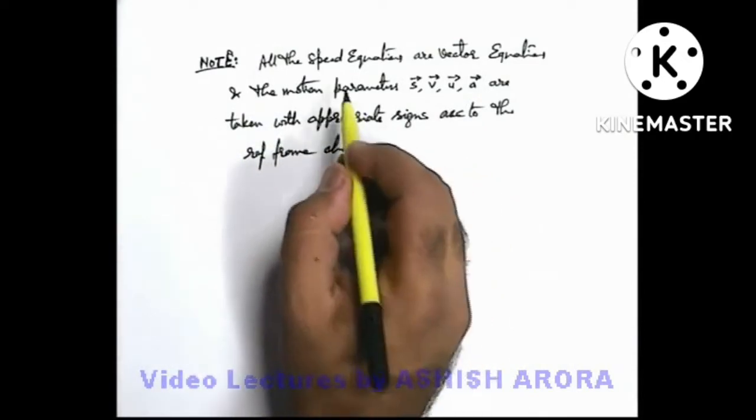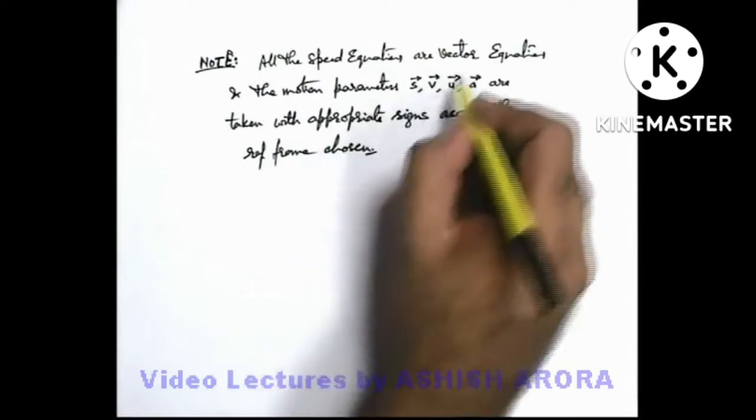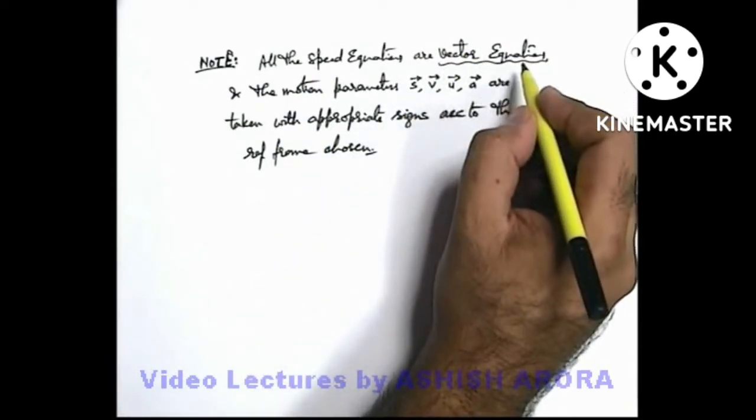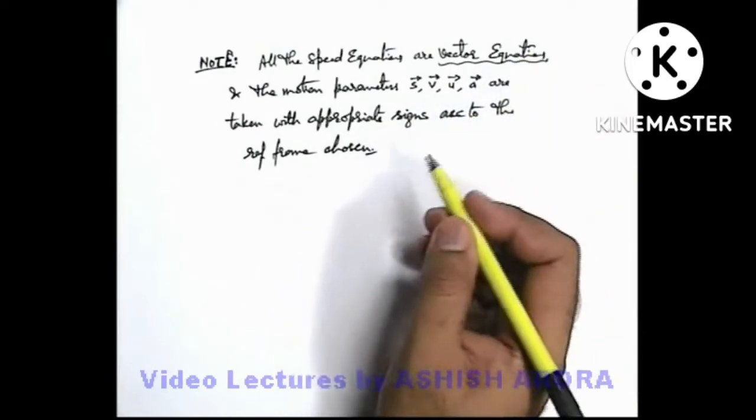So always be careful while applying the speed equations in various cases. These are all to be used as vector equations, as using these equations as vector equations will always be a beneficial way to handle a problem.